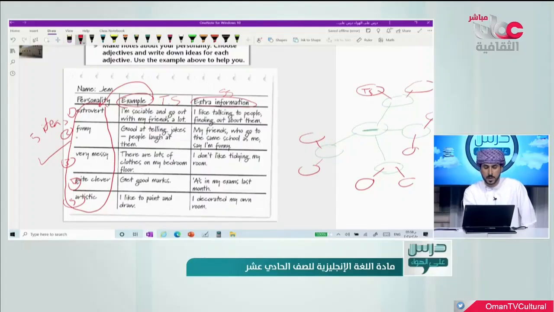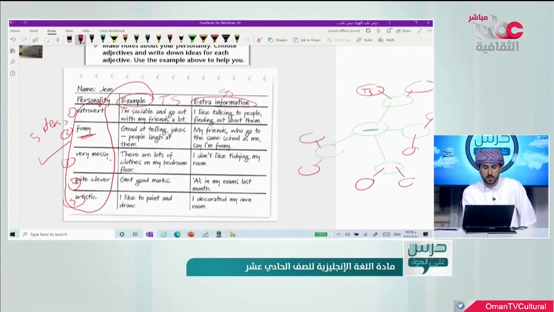Okay, the second one is funny. This is an idea that we can write in a paragraph. Then we have here a topic sentence. Good at telling jokes. People laugh at them. Okay, we add extra information. My friends who go to the same school as me say I am funny.